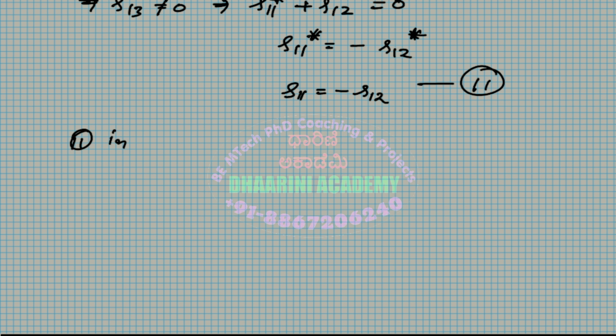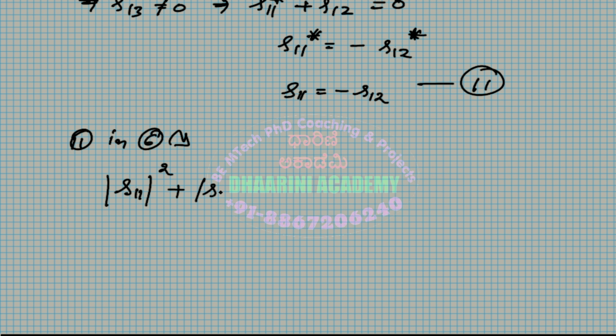So 11 in 6. Let's substitute this back over there. Suggest me what we can write. First term as it is, S11 magnitude squared, plus the second term, S12 magnitude squared. The minus cancels out, it becomes just S12 squared.